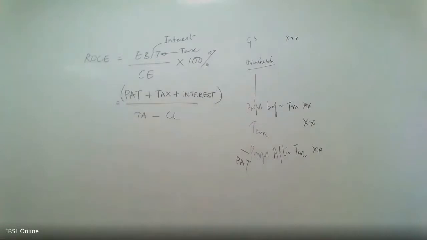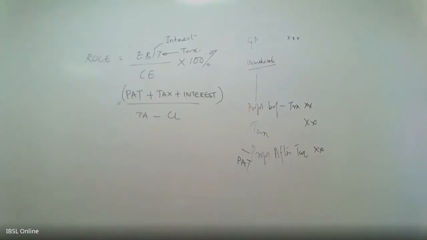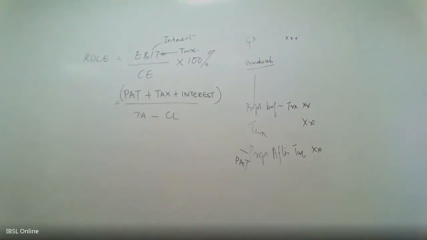The information that is provided to you will basically be the profit, which is after tax, and then you might have the tax and the interest that you will add to the profit after tax. Okay, so that is how you calculate the EBIT for this purpose.